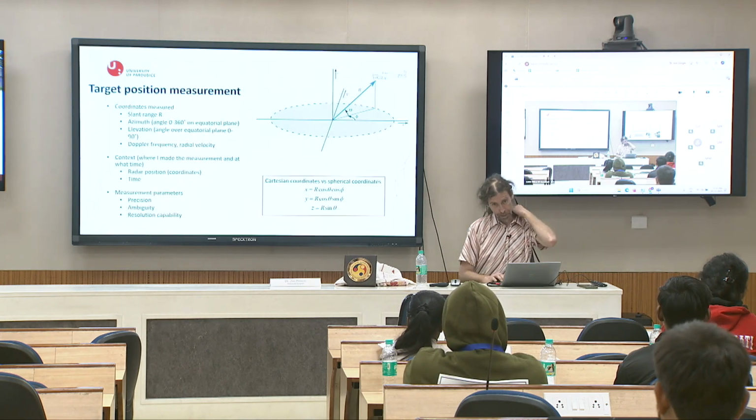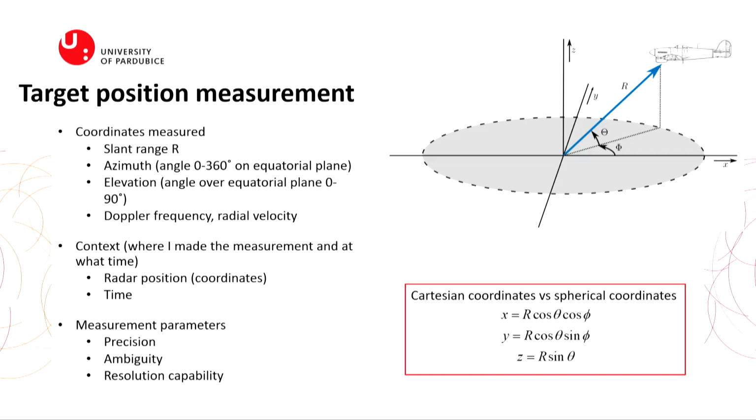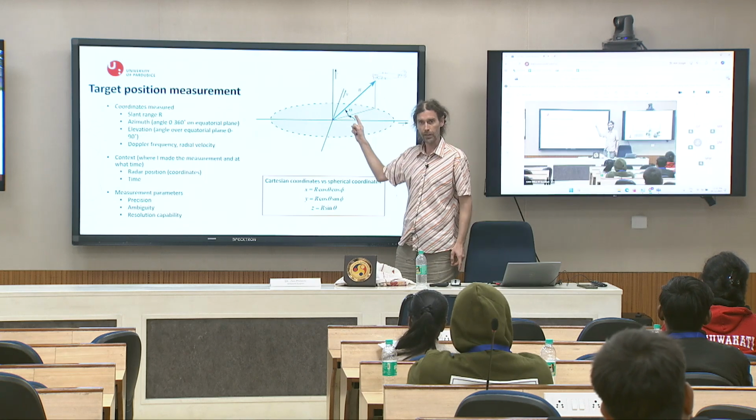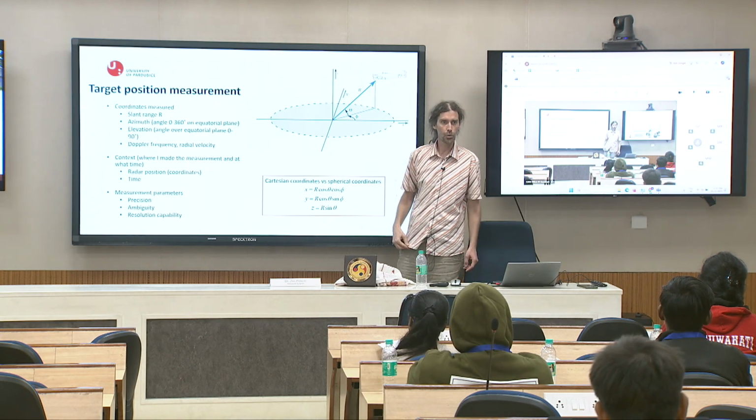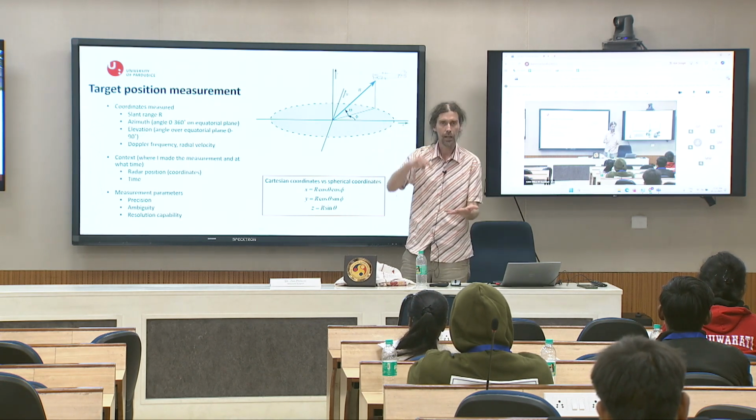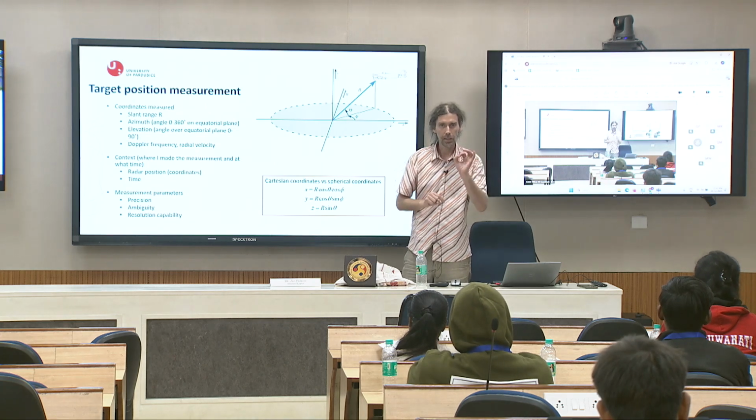And now we pass through individual things about measurement of position, slant range, and so on. So imagine we are not working in a Cartesian coordinate system, but always in a spherical one. So you need to think about how to convert this information to Cartesian, because what I want to see is a map and where the target is. But it is not so easy.